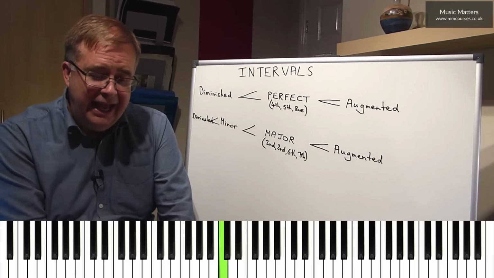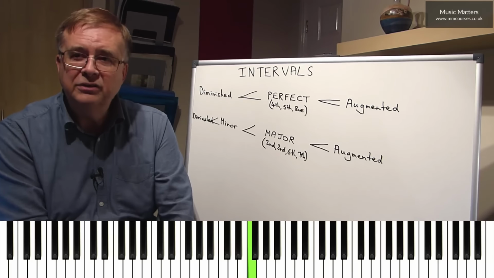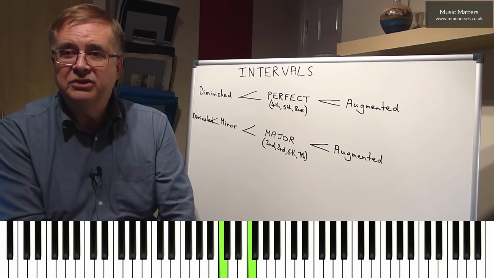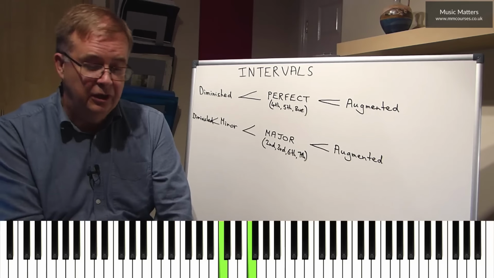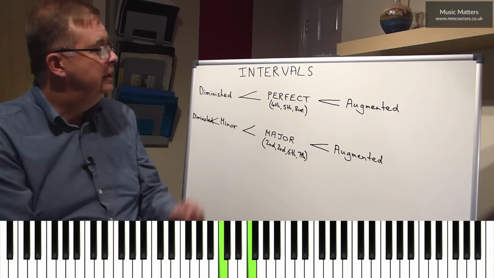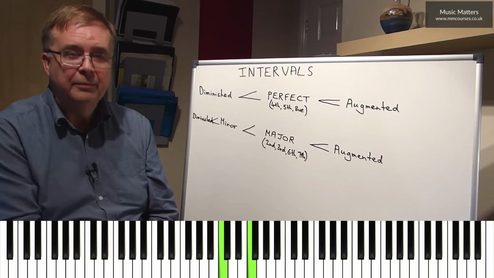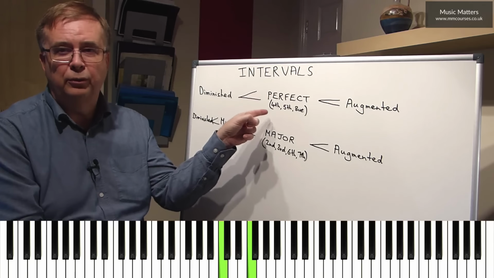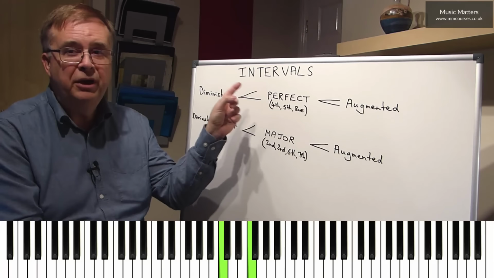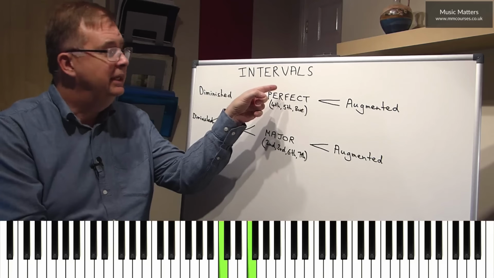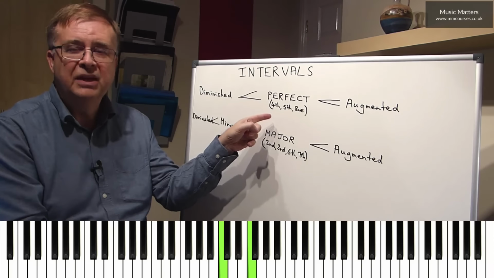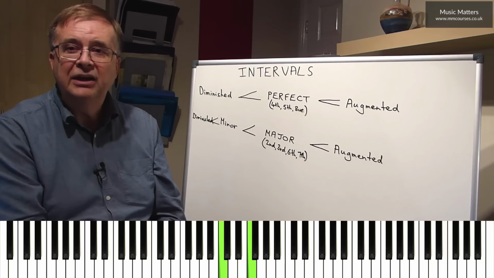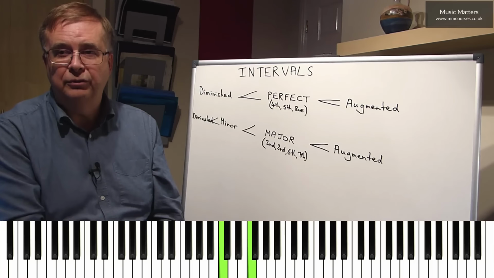So this means that F is the fourth note in the scale of C major. Because F is the fourth note in the scale of C major, this interval, C up to F, is a perfect fourth. Okay? It's perfect because F is in the major scale of C, the lower note. So C to F is a perfect fourth.